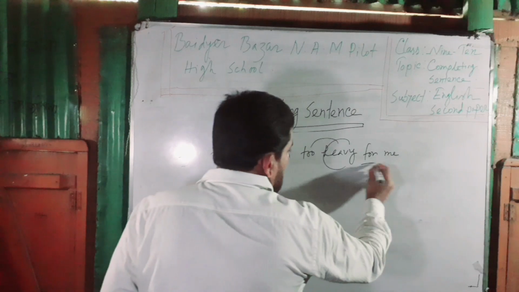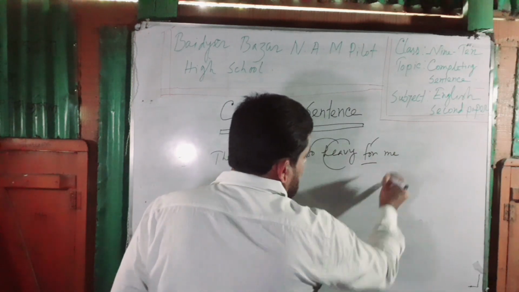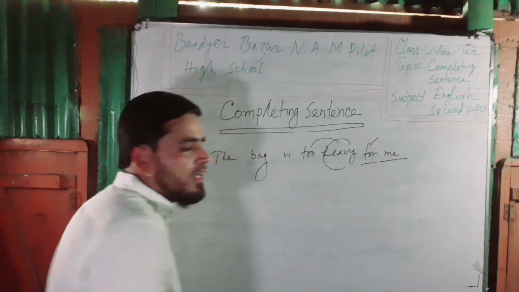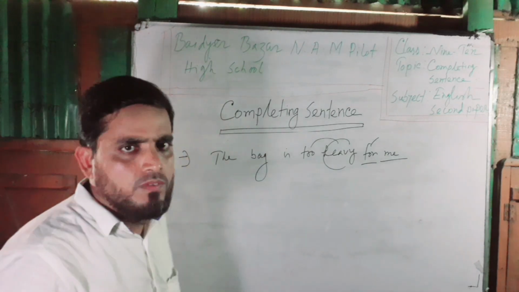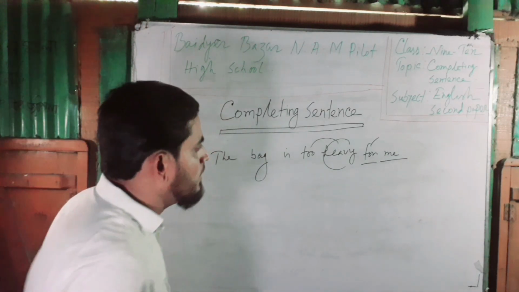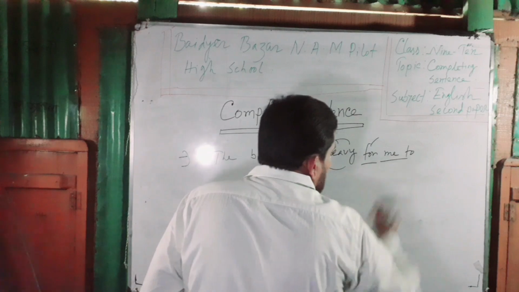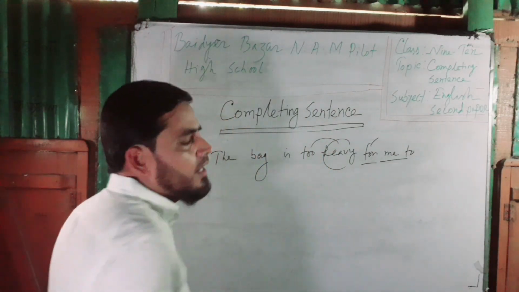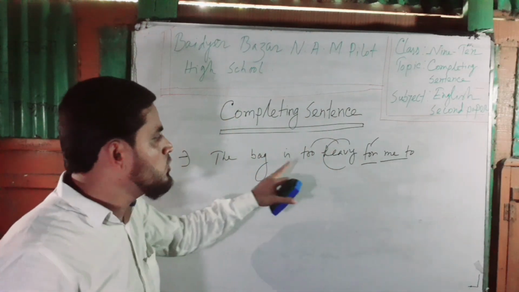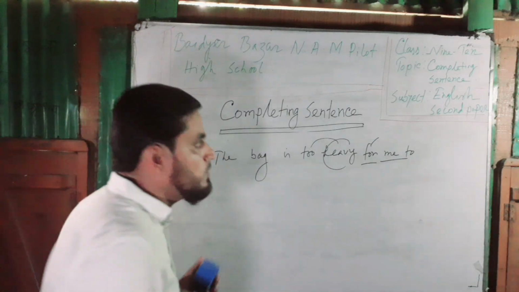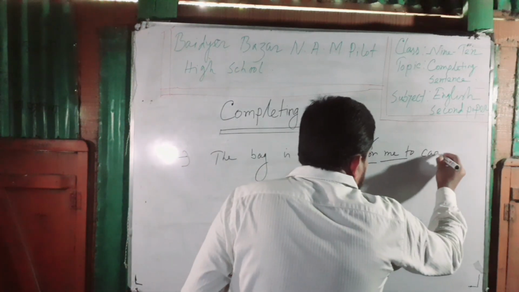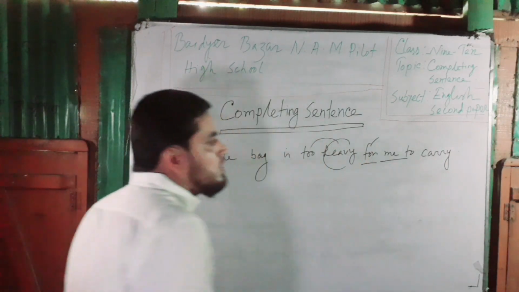So now we face "for", and after that we find a personal object. If there is a personal object, it doesn't matter whatever it is, we should not be worried about it. We will just write "to" and then we will write a relevant verb. So the bag is too heavy for me to, what should it be? It should be carry. The bag is too heavy for me to carry.